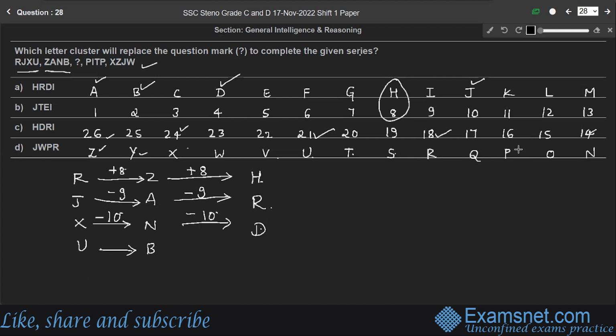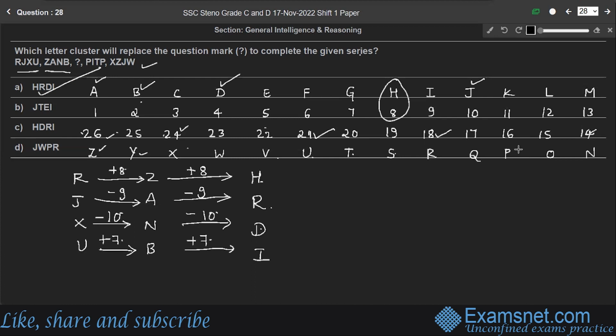Either subtract some number or add; adding is easy. From U, counting 1, 2, 3, 4, 5, 6, 7, when you add 7 to U, you get B. Therefore, add 7 to B: 2 plus 7 is 9, which is I. Therefore, the third cluster is HRDI.